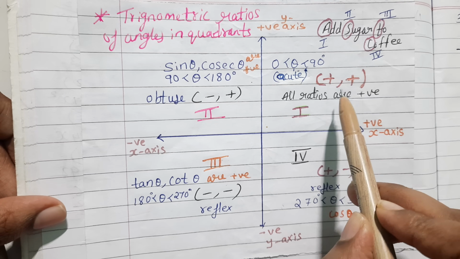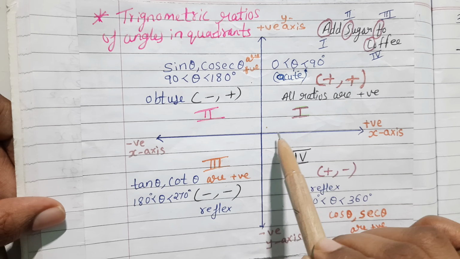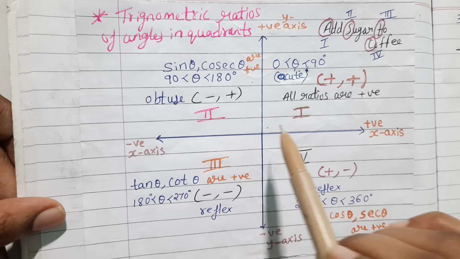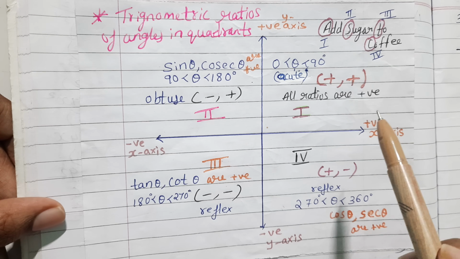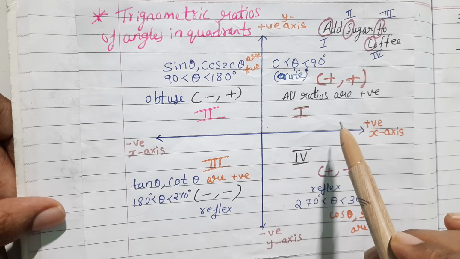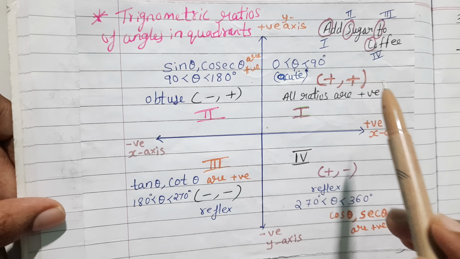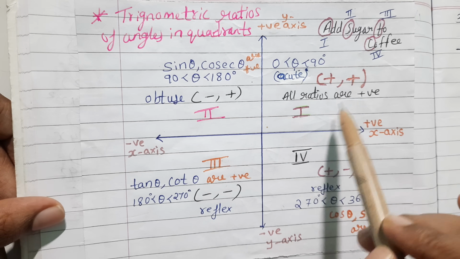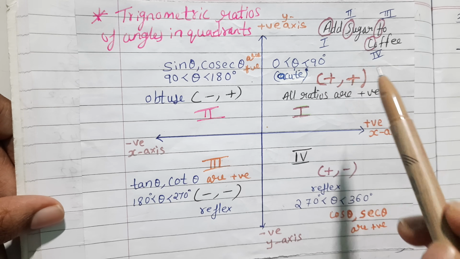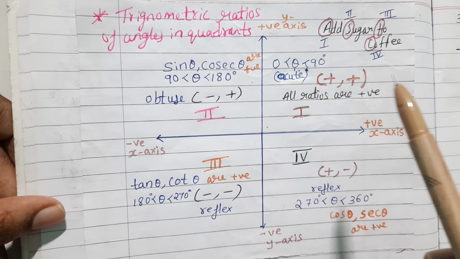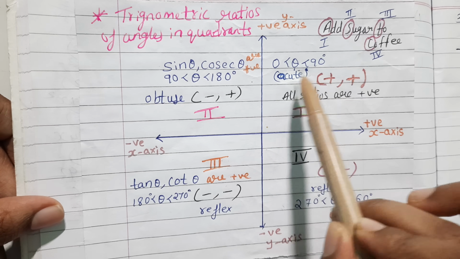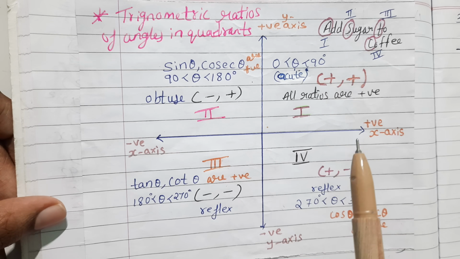As x and y, here you all can see this is the x axis, this is the y axis, they are positive. All the trigonometric ratios are positive. Therefore, acute angles have all ratios positive. This is an acute angle and it has all ratios positive.